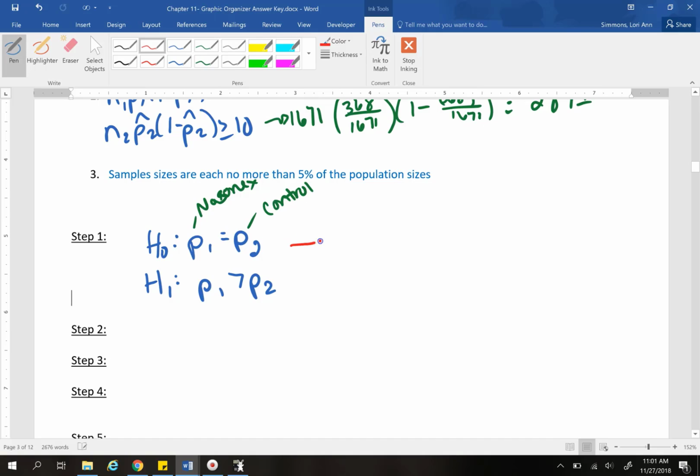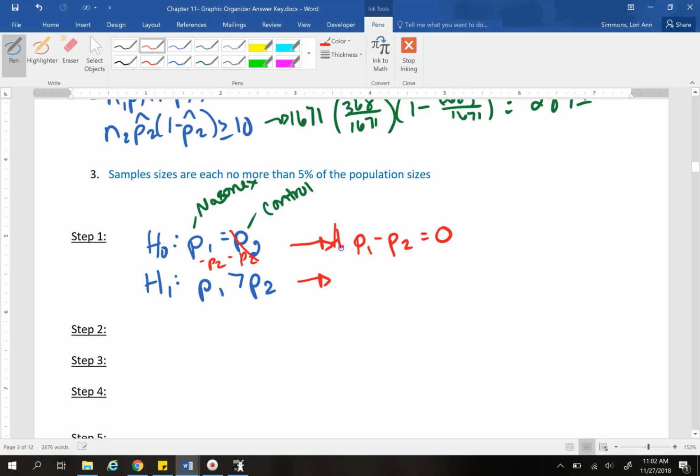Okay, just so you can see this visually, there's another way to write these. Say you subtracted P sub 2 over to the left-hand side, you'd get P sub 1 minus P sub 2 equaling 0. Right? These would cancel.